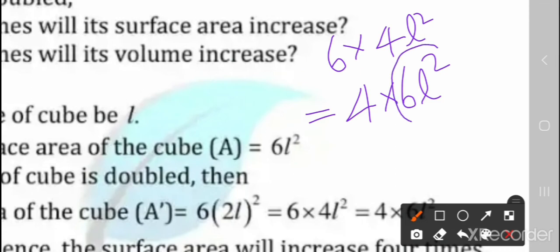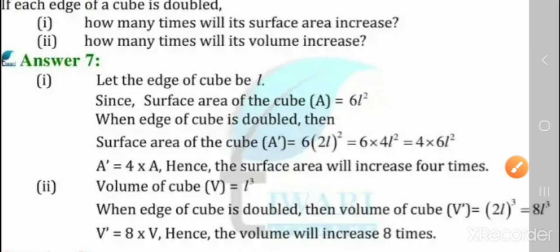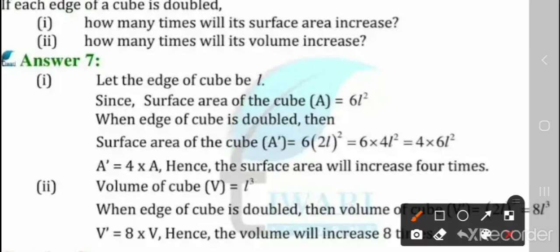You know this 6L square is the total surface area when the side is equal to L. So how many times is it increasing? It is increasing 4 times. Understood? Now let us see the volume. Let us read the answer, that is 4 into A. Hence, the surface area will be increased 4 times.